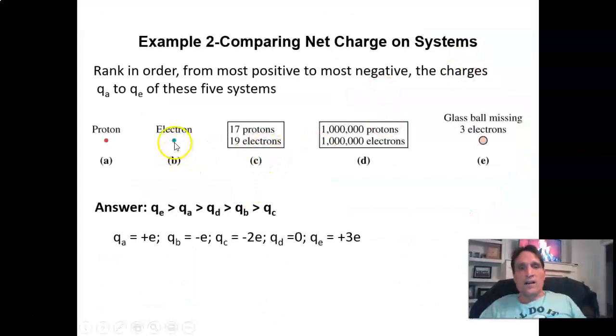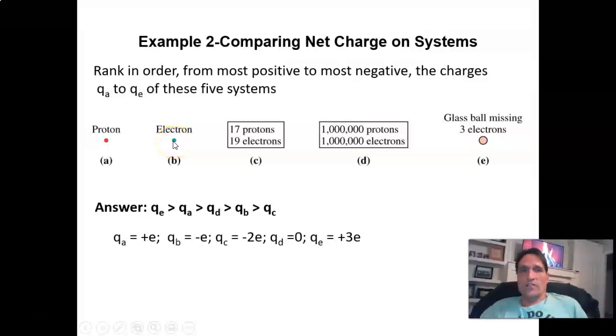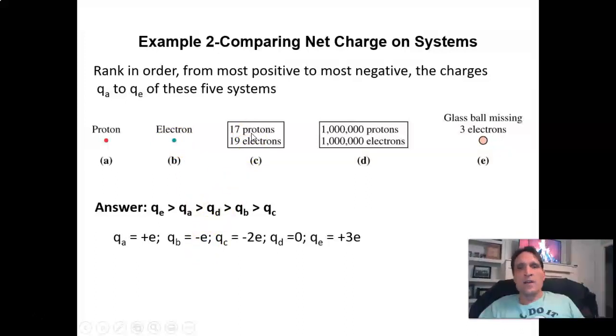An electron has a charge of negative 1 times E, or negative 1.6 times 10 to the negative 19 coulombs. Now we've got an atom here which has 17 protons and 19 electrons. And so its net charge is 17 minus 19, or negative 2 times E.